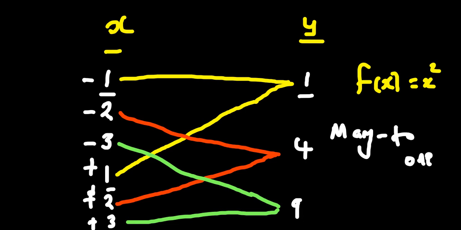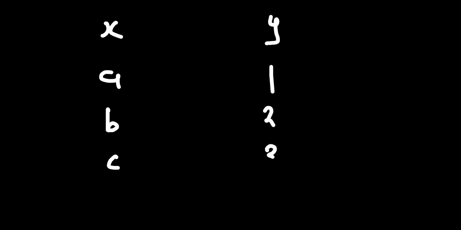Now let's recap on those relations that are not functions. We had a scenario where, let's say this is your x and this is your y. Let's say you have A, B, C, and you've got 1, 2, 3.